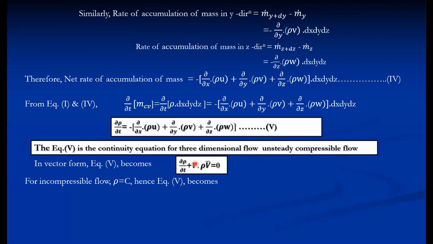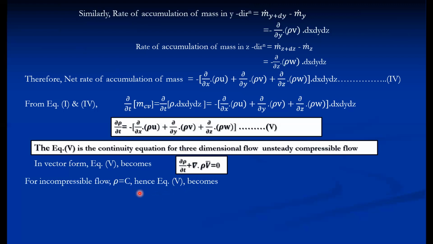For incompressible flow, the density doesn't change with respect to space coordinates nor with respect to time. So ∂rho/∂t has to be 0, because rho doesn't change with respect to time or with respect to space coordinates. As density is constant with all variables for incompressible flow, we already studied this in compressible-incompressible relations.